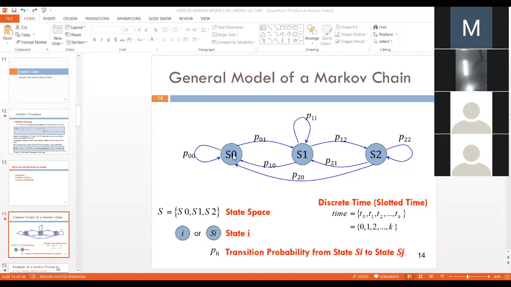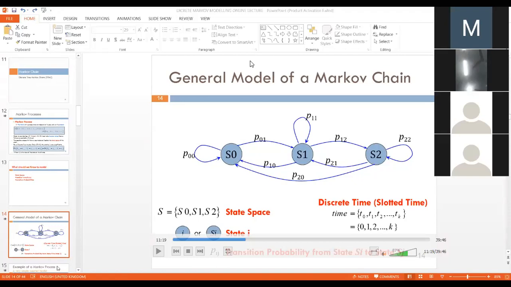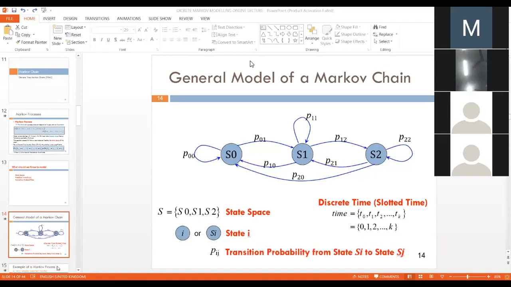So basically, this is how Markov models or Markov chain models are represented. You have the states of the process and the possible probabilities of moving from one state to the other, represented with a directional graph.